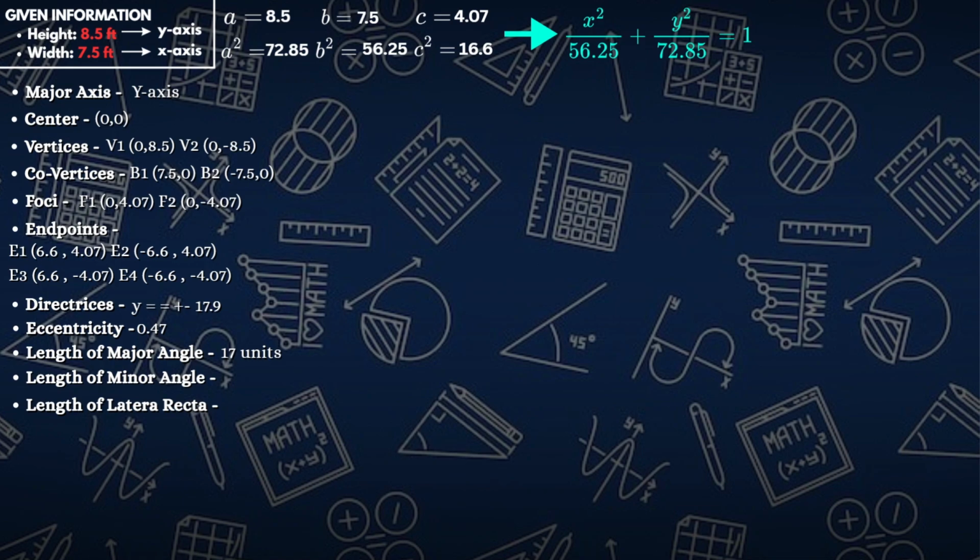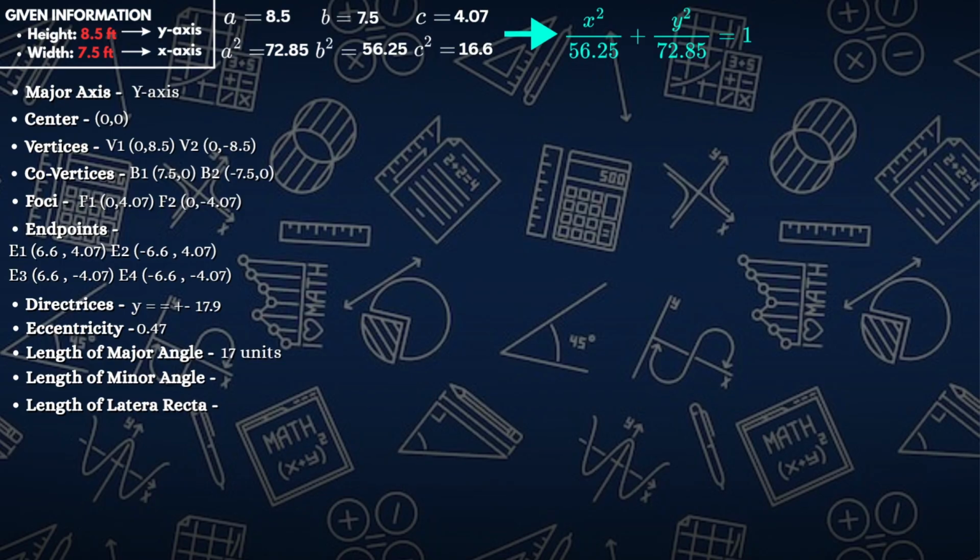For the length of the major axis, let's just multiply a by 2. The formula for the major axis is 2a, or a times 2. So 2 times 8.5 would give us 17. The length is measured in units. So the length of the major axis is 17 units.